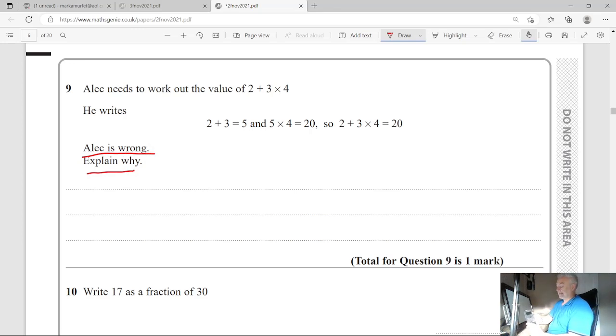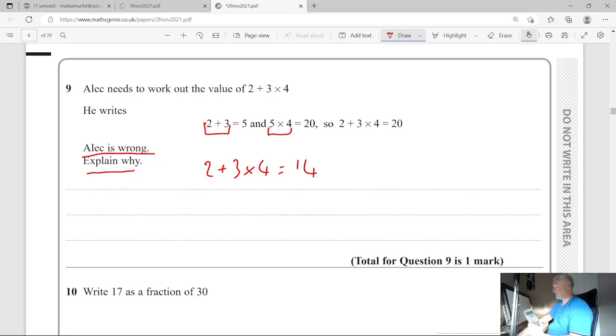So for a start, let's type it into the calculator. I'm going to do 2 plus 3 times 4 equals. It gives me an answer of 14. So 2 plus 3 times 4 equals 14. So we've told them the correct answer. So what did he do first? He's done the addition first.